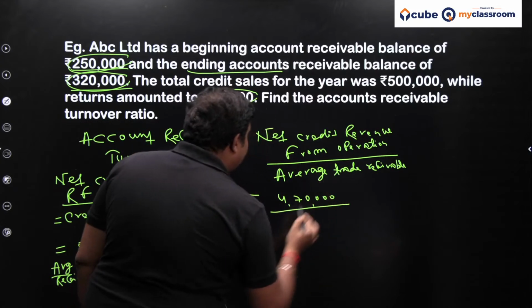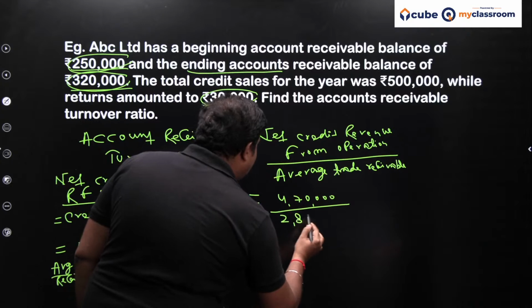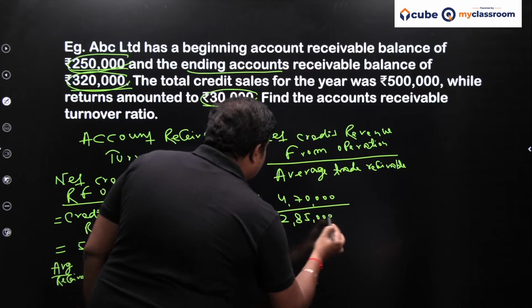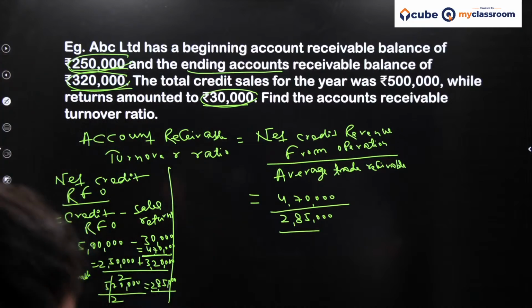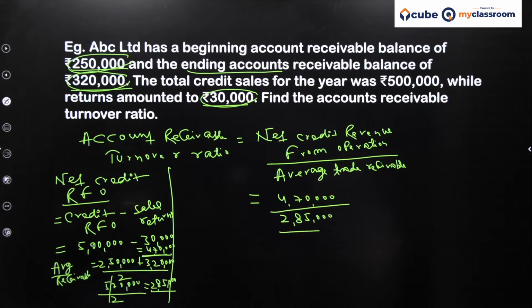All right. So net credit revenue from operation, which we have just calculated, is 4,70,000, and average trade receivable is 2,85,000. I'll just calculate this using the calculator. So 4,70,000 divided by 2,85,000.